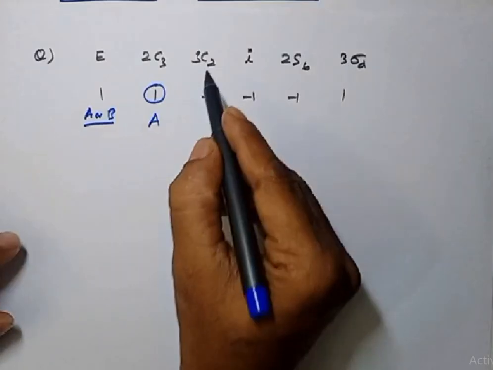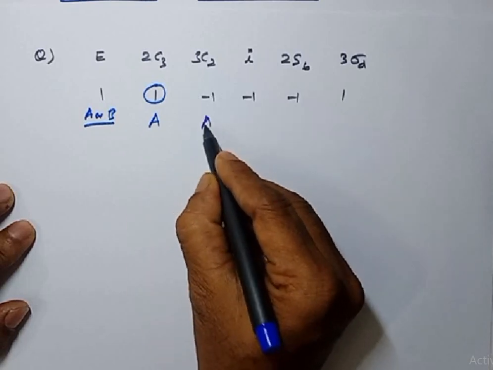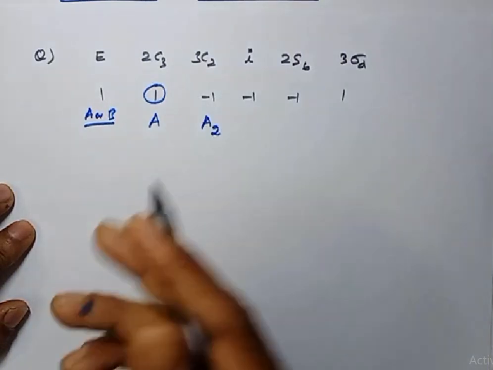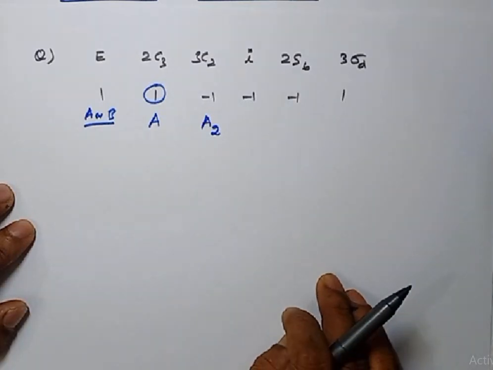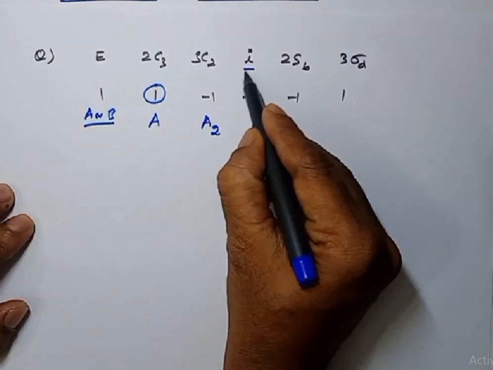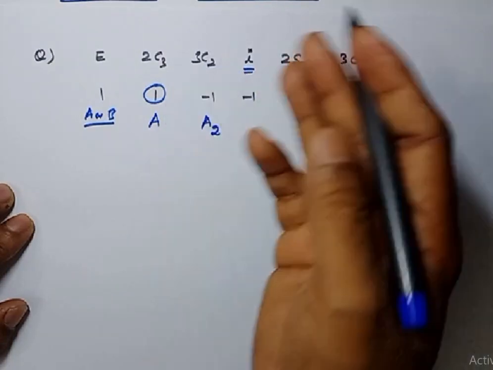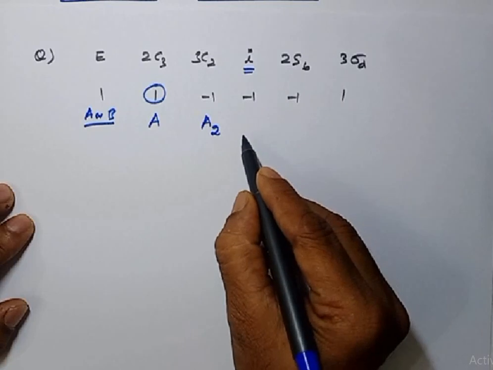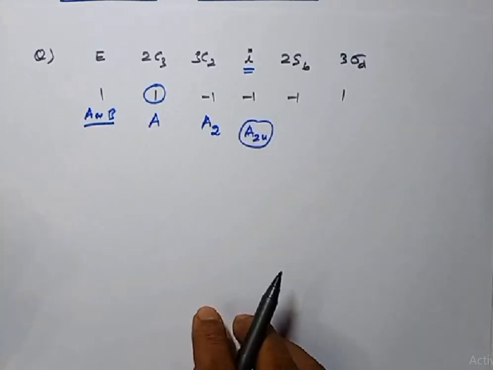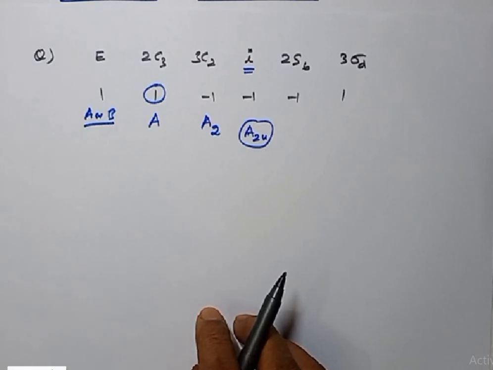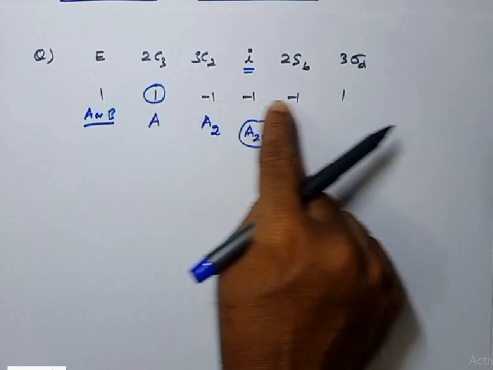The character of C2 is -1, which means we should put the number 2 in the right-hand side subscript. Then the next one is inversion. The inversion character is -1, so you should put u, ungerade. Take note. This is the Mulliken symbol for the irreducible representation having these characters.